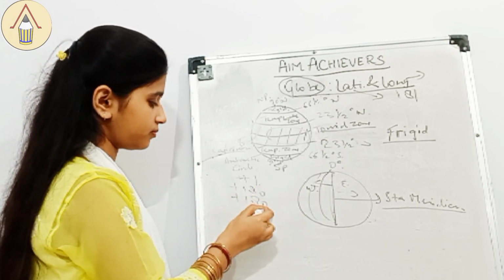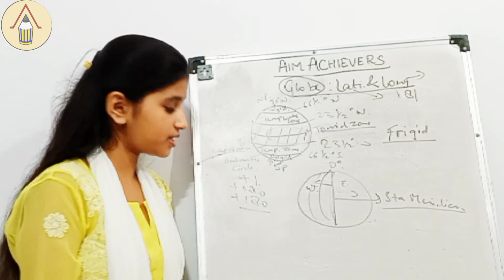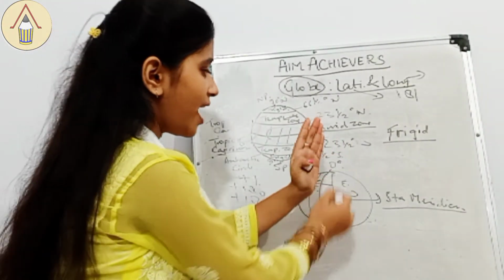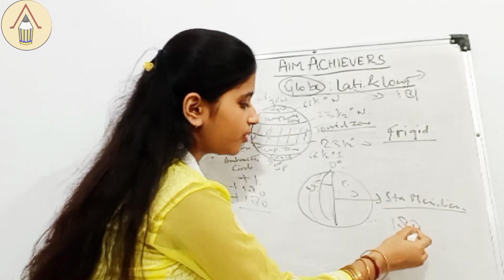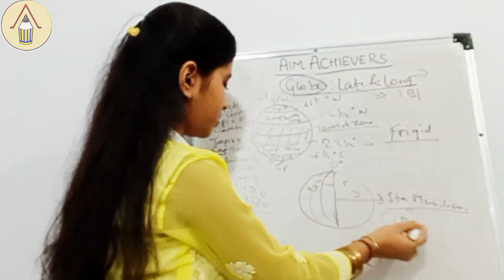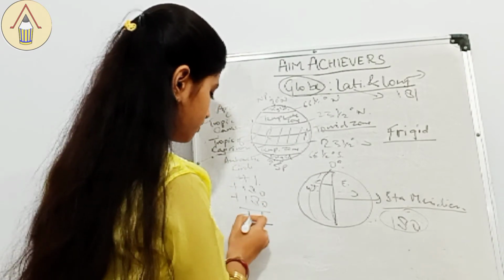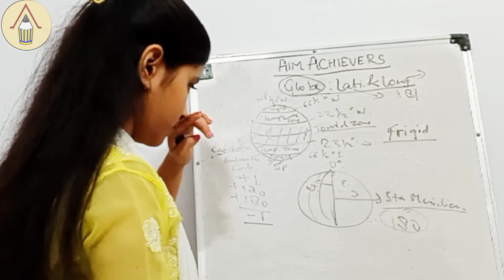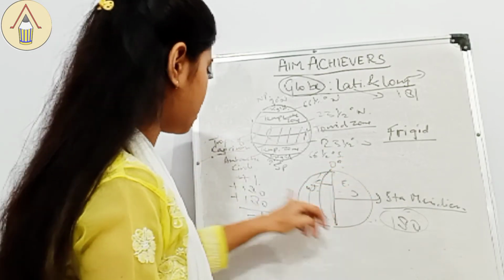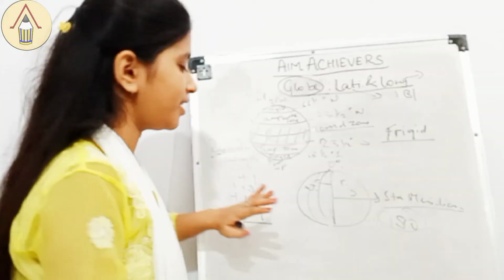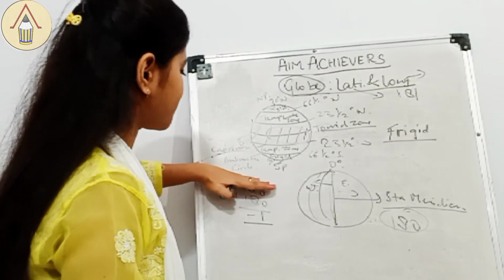plus 180. It should come 361, but it won't. Why? 180 towards east. At a place, 180 is common for both eastern and western hemisphere. Okay, so 180 will become common. So minus 1 we can do. Let me make it a little easy.